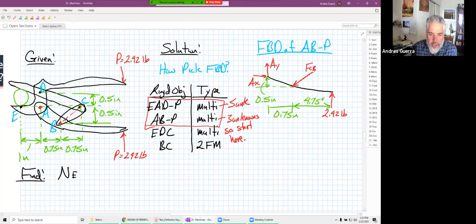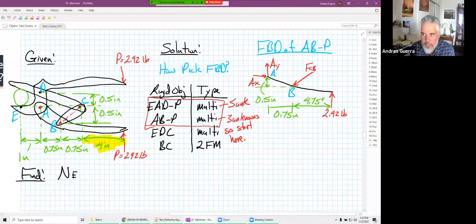I'm looking over at this picture, and I need to add, I'll highlight it, this was given to us as 4 inches right there. I forgot that, but I just highlighted it in our original given information, that 4 inches from C to P. And so it's 4.75 because we're going from point B to P over here.